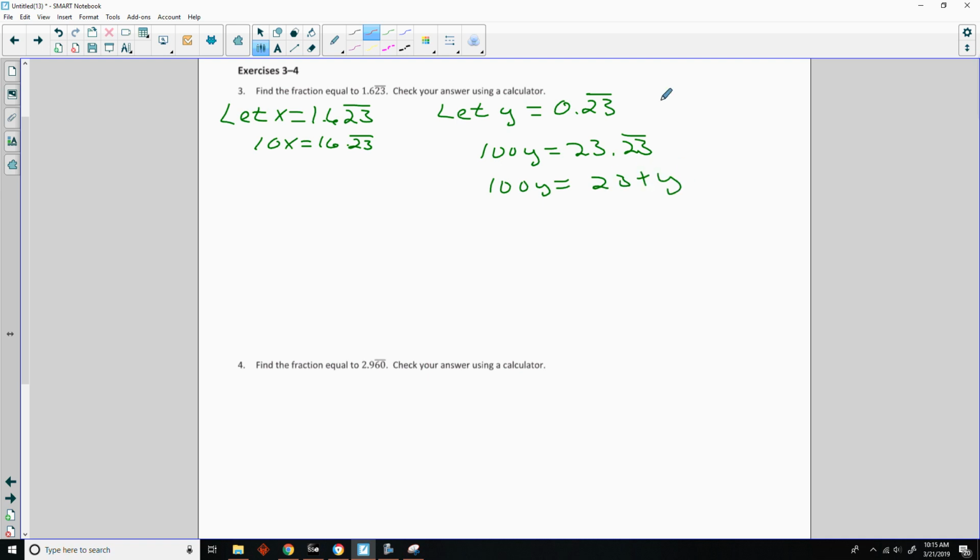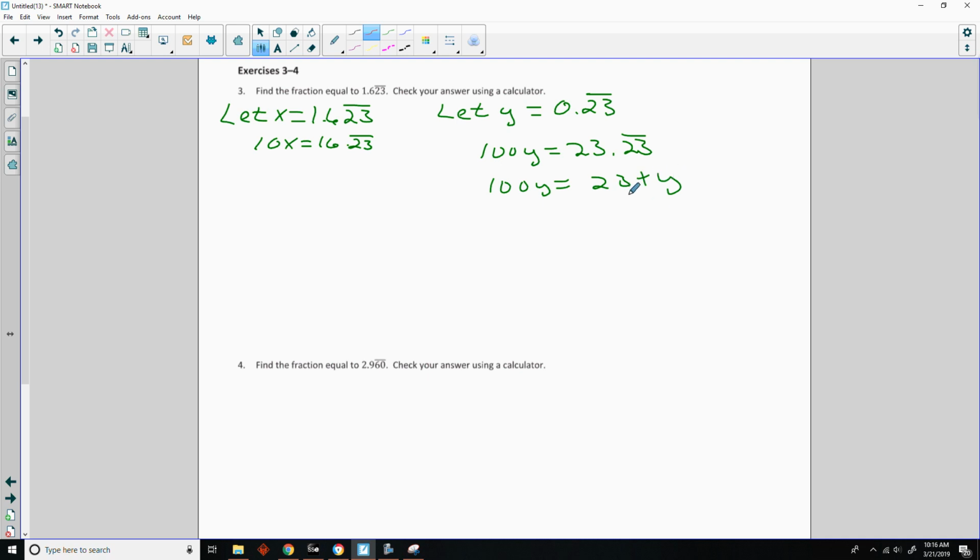Okay, that's the key to this problem. This step right here, you have to understand that if I multiply y by 100, I get 23.23 repeating, and the 0.23 repeating is y, so 23.23 repeating is 23 plus my 0.23 repeating, or plus y.